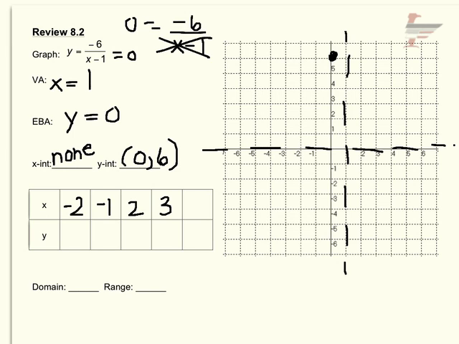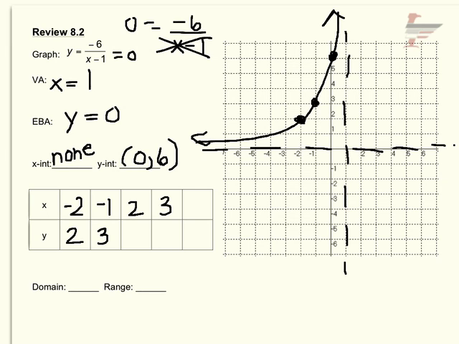If I put -2 in, -2 minus 1 is -3, -6 divided by -3 is 2, so -2 and 2 is a point. -1 minus 1 is -2, -6 divided by -2 is +3, so there's a point, and again I kind of knew that, but there's that nice hyperbola branch approaching both asymptotes.